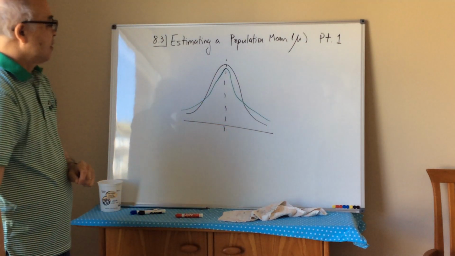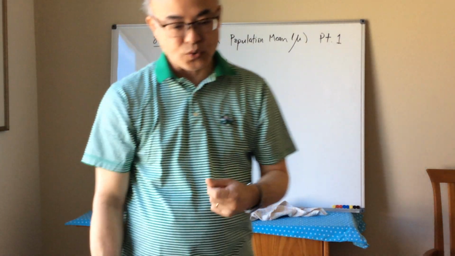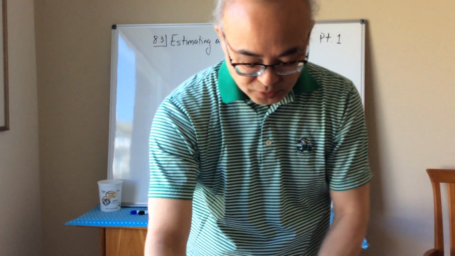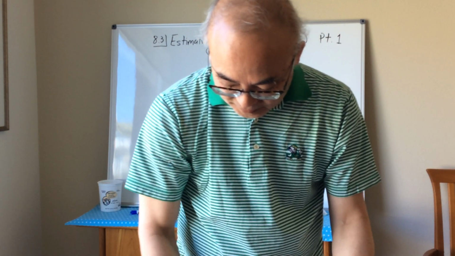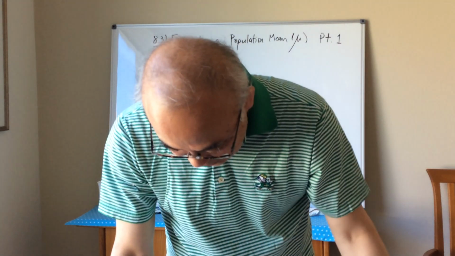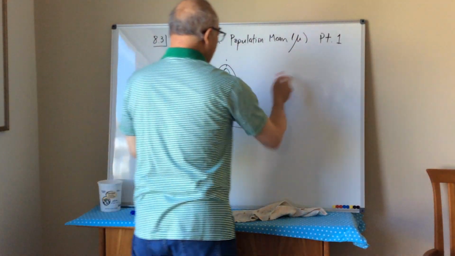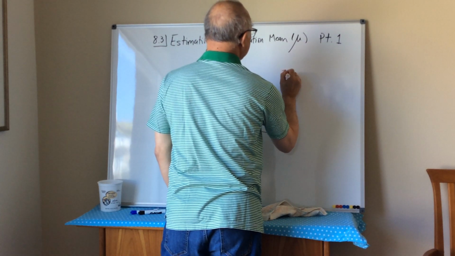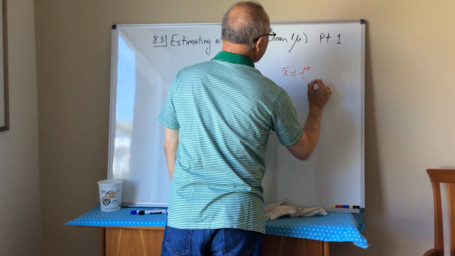Just like the normal distribution, the t distribution has an actual table. If you go in the back of your book, on page T-3, there is a table called the t distribution critical values, and that's exactly what we're going to use. Remember, over here we had x bar plus or minus the t critical value.